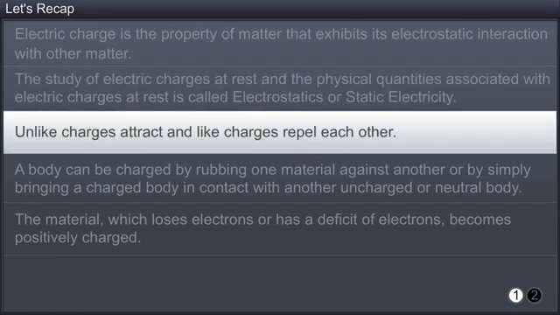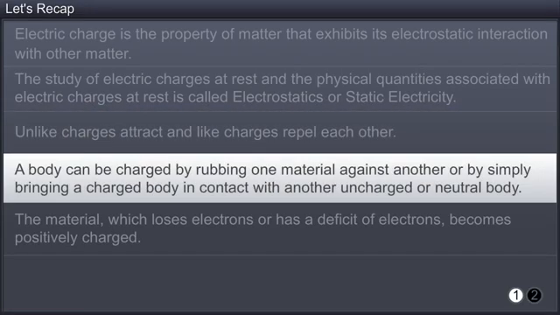Unlike charges attract and like charges repel each other. A body can be charged by rubbing one material against another or by simply bringing a charged body in contact with another uncharged or neutral body.